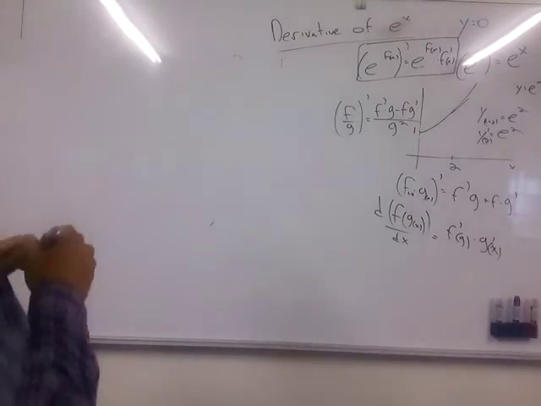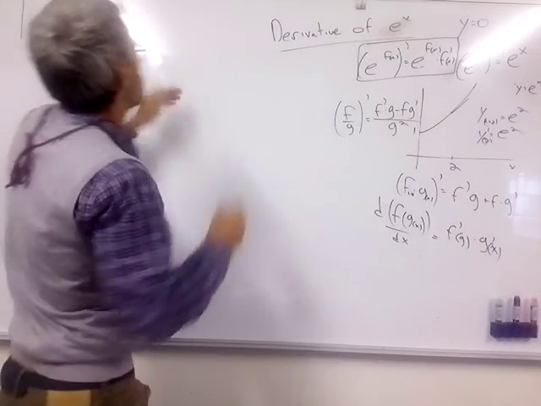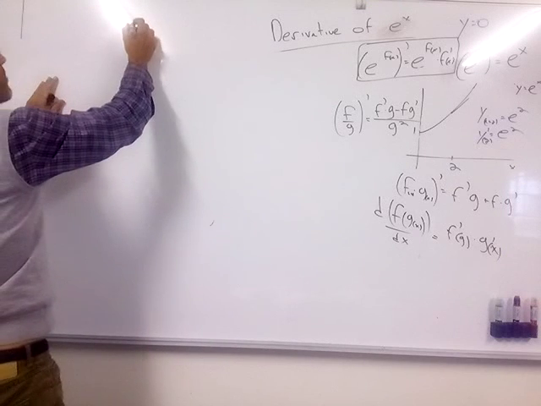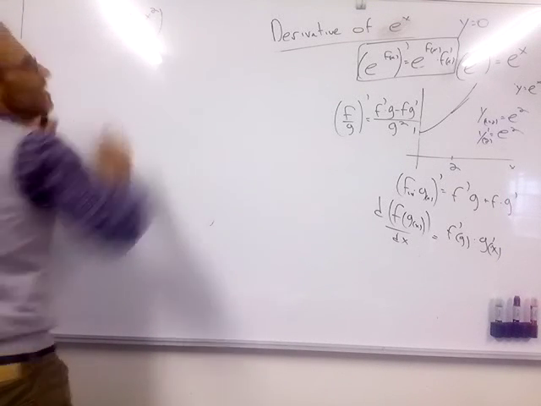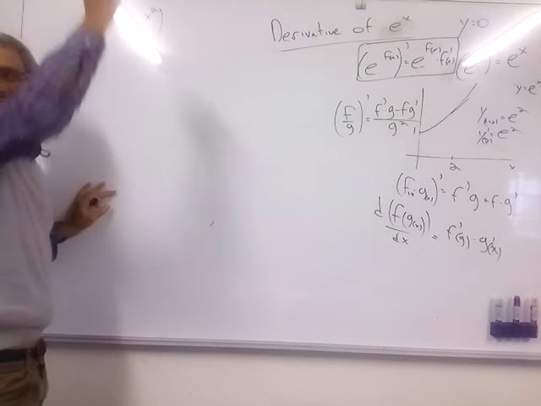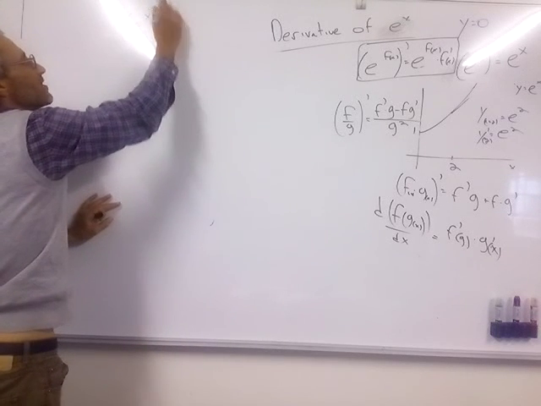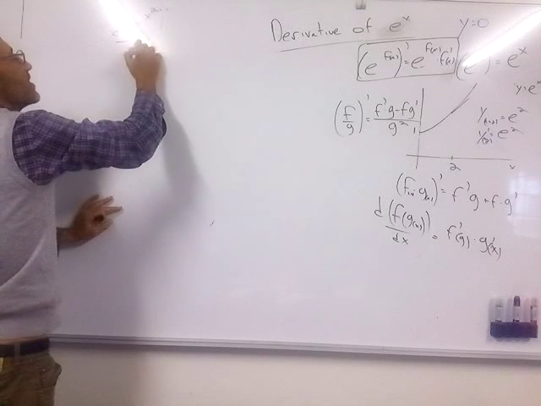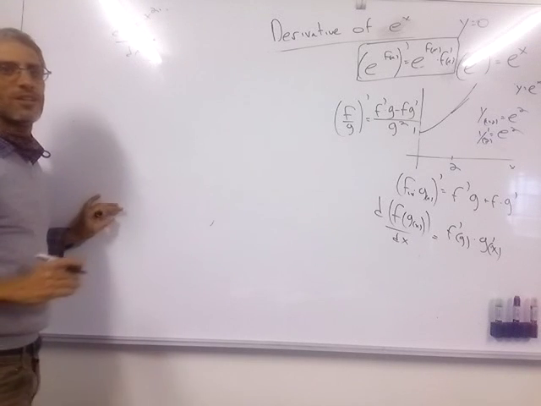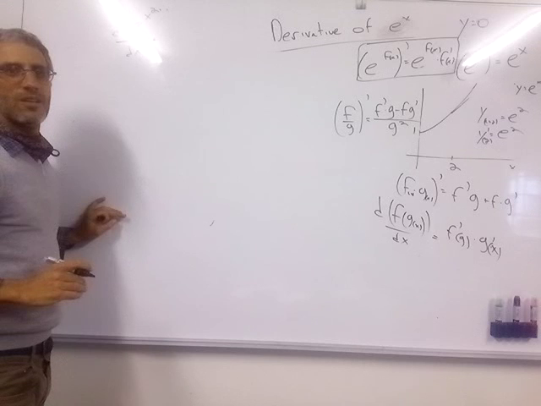Okay, so just one more small example before we move to the longer one. What about e to the power of x squared? If I want to find the derivative d/dx, what do you reckon? Do you find the derivative of x squared? Yes.